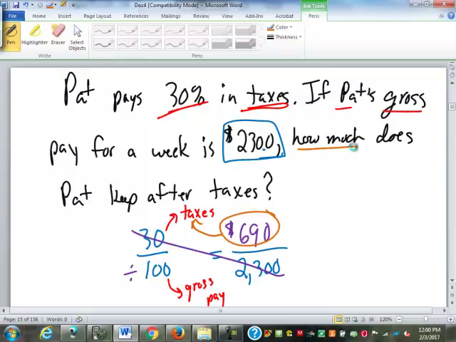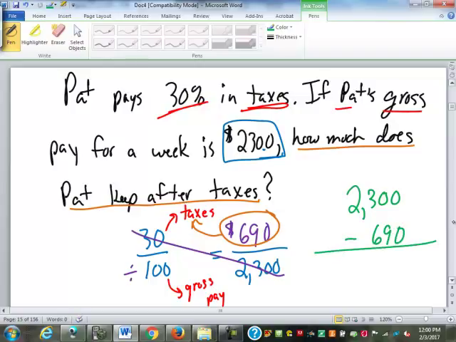We're not looking for the taxes. We're looking for how much does Pat keep after taxes. So we have to take the $2,300 gross pay, subtract the $690, which is going to put us at $1,610. That is what Pat keeps after taxes. That is the answer to our question.